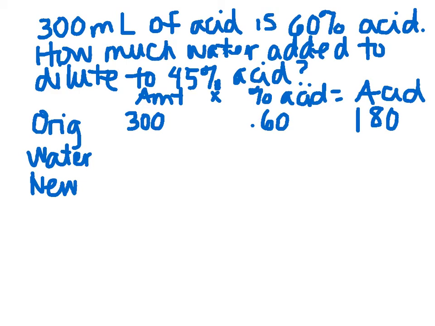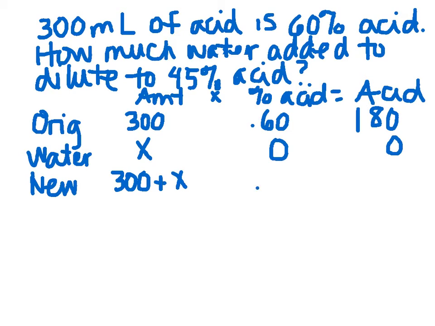We don't know how much water we're adding. Okay? Now the question you have to ask yourself is, what percent of water is acid? And hopefully, if this is something that we are drinking, it will be 0. So we're not adding any acid. The new solution is going to be the original 300 milliliters we had, plus however much water we added.